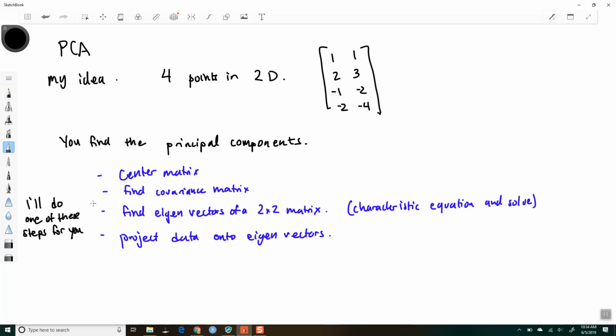Either find the covariance matrix or the eigenvectors, and then you project the data onto the eigenvectors. Maybe plot the resulting projected data.